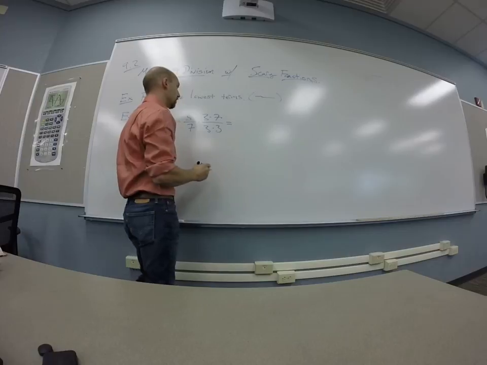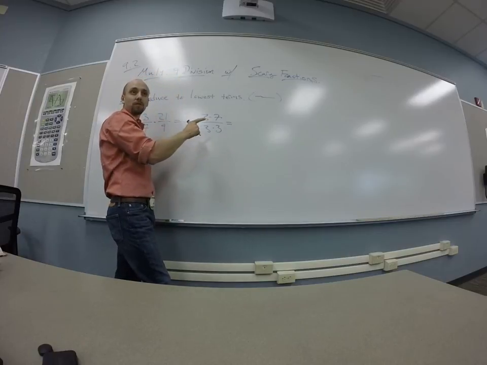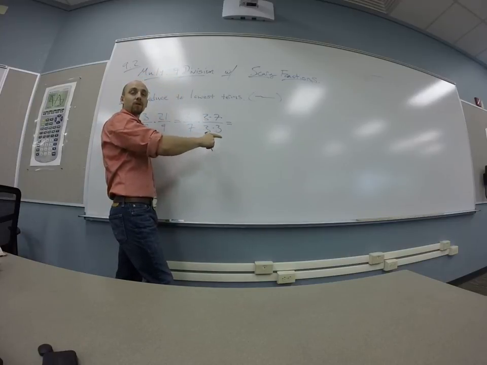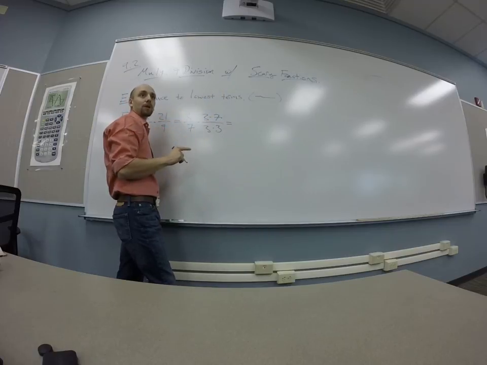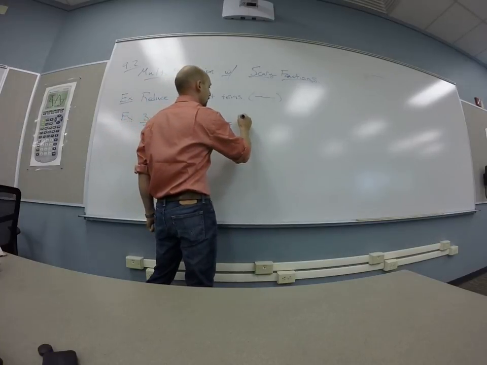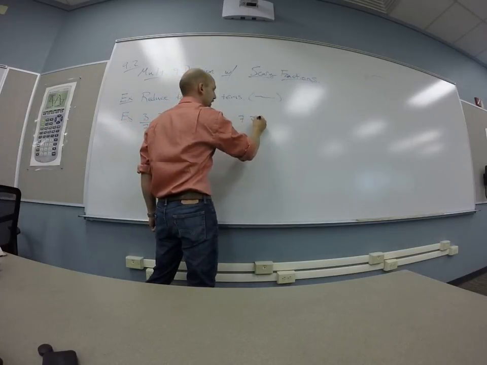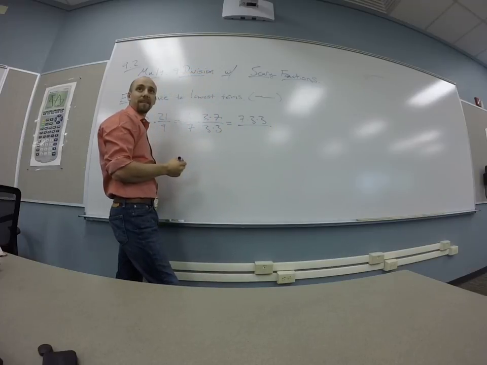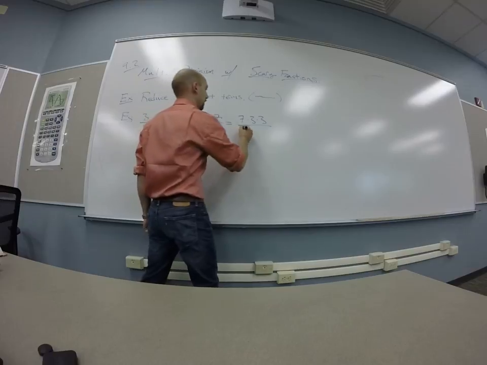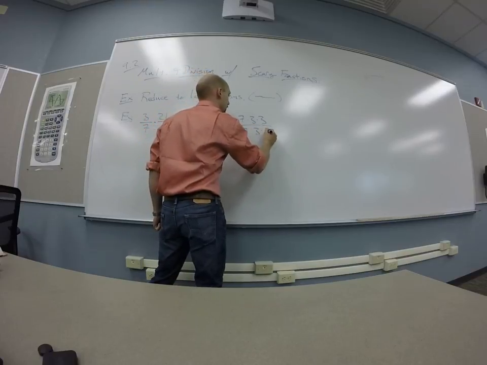And then I'm saying, okay, so now when I'm multiplying fractions, I multiply all the stuff in the tops together and multiply all the stuff in the bottom together, right? So I get 7 times 3 times 3 in the top. And in the bottom, what do I get? 7 times 3 times 3.